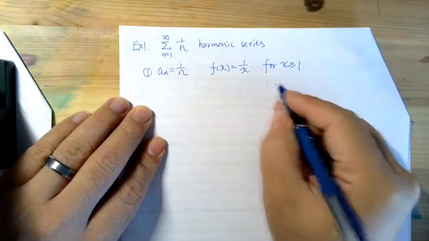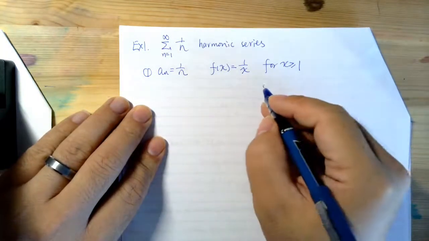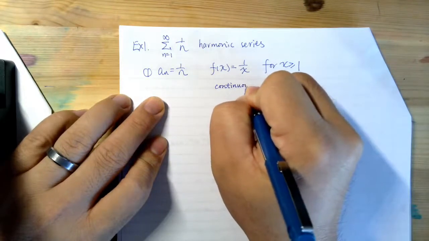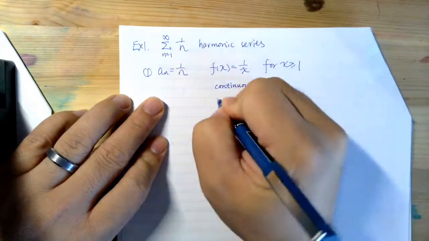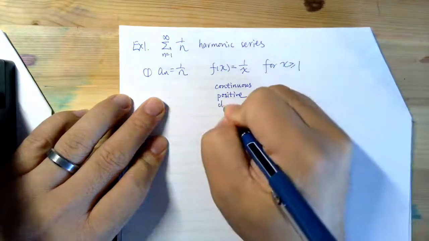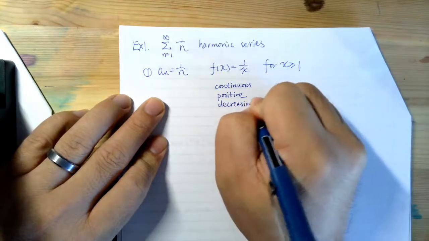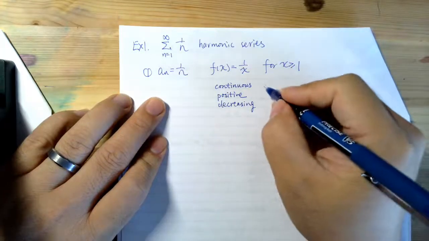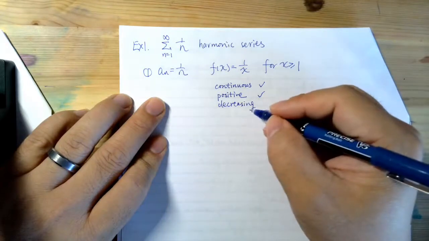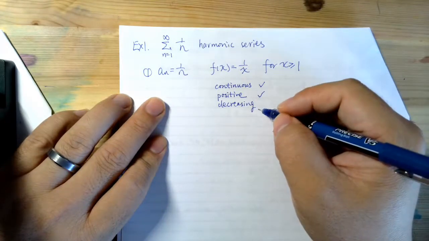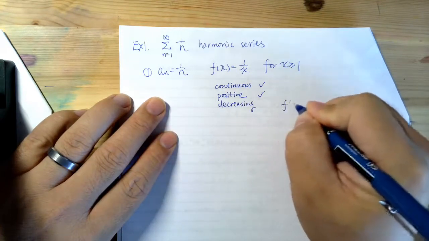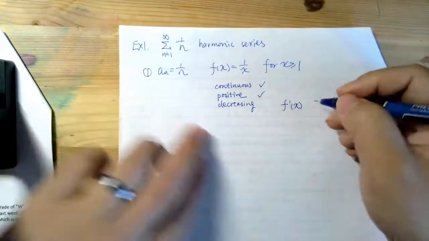For my function f(x), it's very easy to check that it is continuous, positive, and decreasing. Often the continuous and positive parts are obvious. If the function is complex, to show it is decreasing we can always take the derivative of the given function.